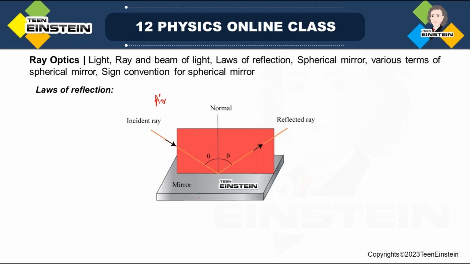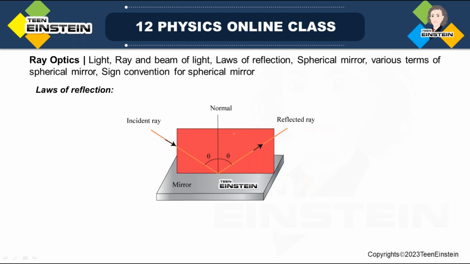So if a ray upon striking a surface goes to the same medium from where it has come, that phenomenon is called reflection. You can realize reflection from a mirror.